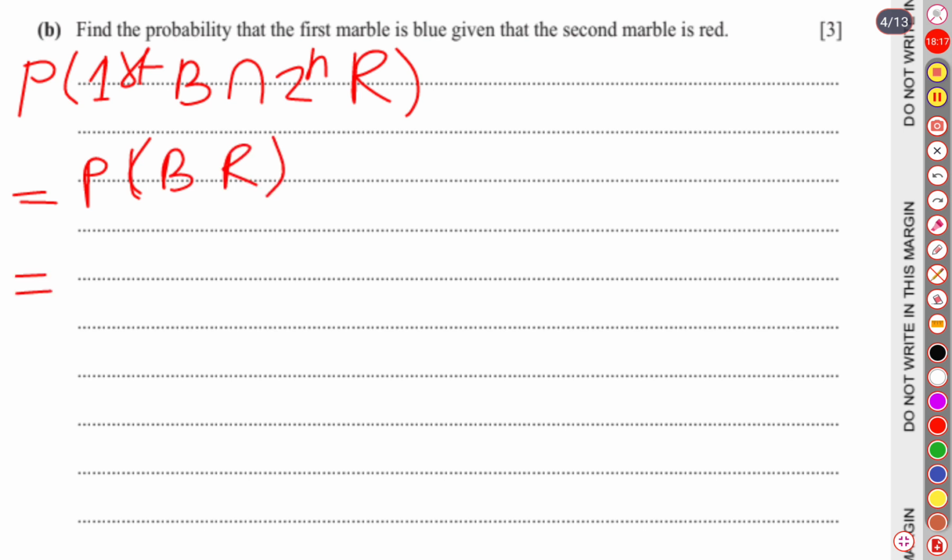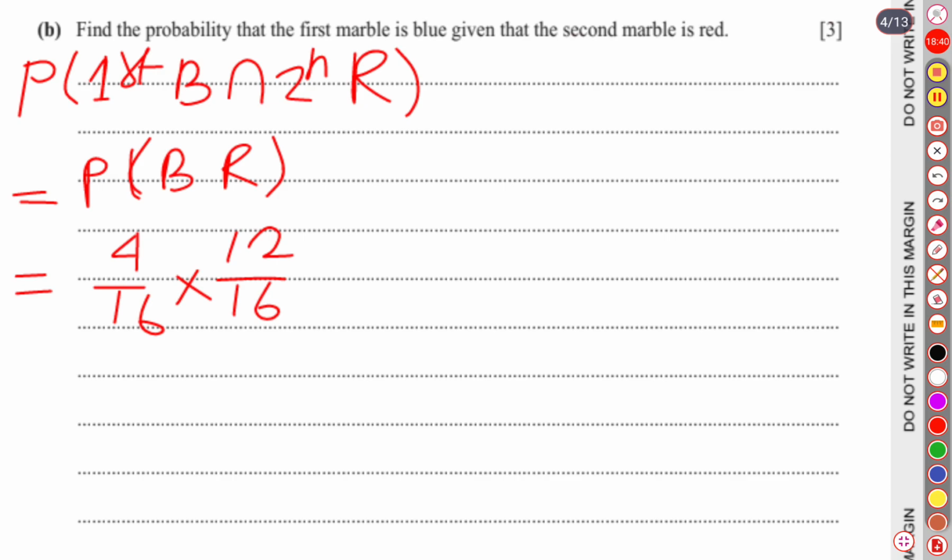Suppose for the first one blue, for blue there were 4 marbles, so it is 4 over 16. And for the second one, remember, if a blue marble is chosen, it is given back, so the total number of marbles will remain the same. But red, there were 12 red marbles, still there are 12 red marbles.